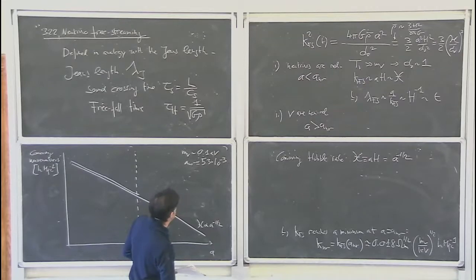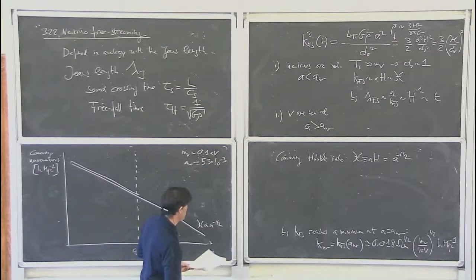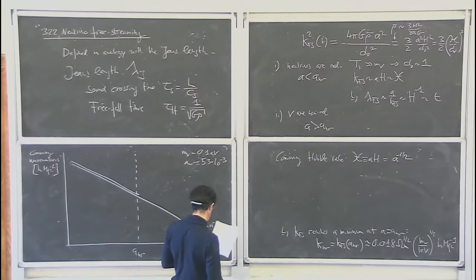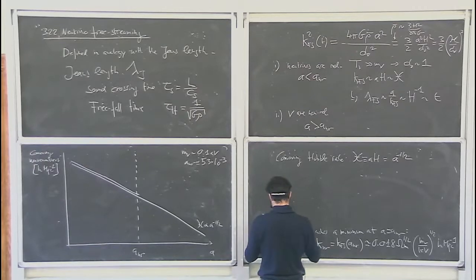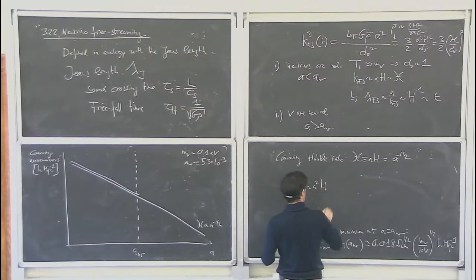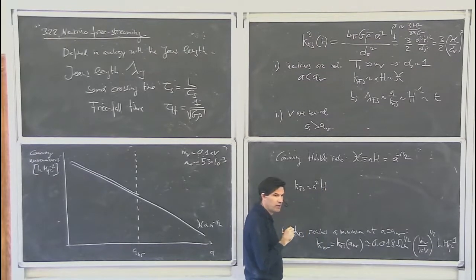So we had when it's non-relativistic, but I erased that, unfortunately, so I need to figure this out again. So we had that k_FS, we say it's going like a squared H, so it's going to go 1/3, so it's the opposite.